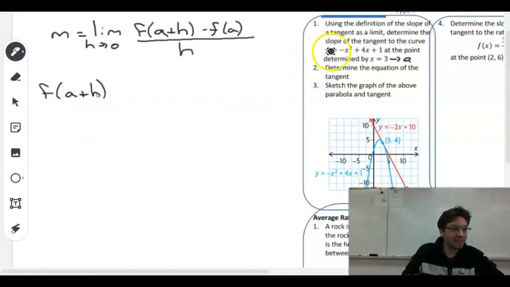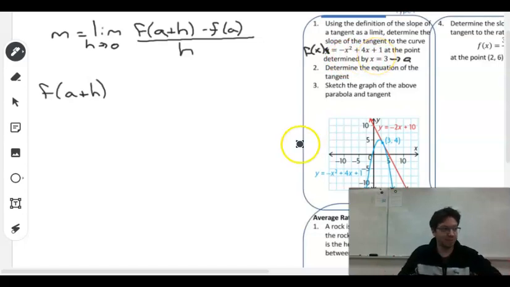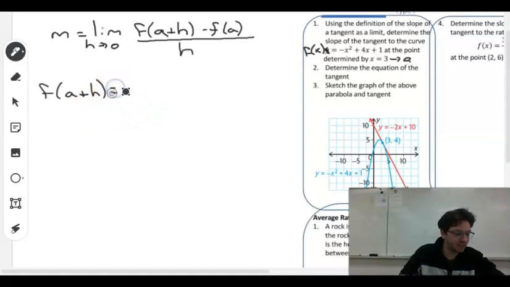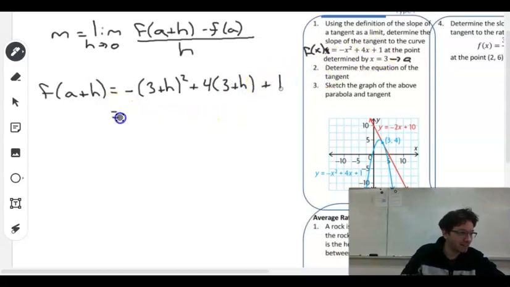So it says y equals, but we're going to start using function notation now. So this function at x is this polynomial, but I'm going to replace x with a plus h. So that's going to give us minus 3 plus h squared plus 4 times 3 plus h, and then plus 1. Then we're going to have to expand and simplify this.